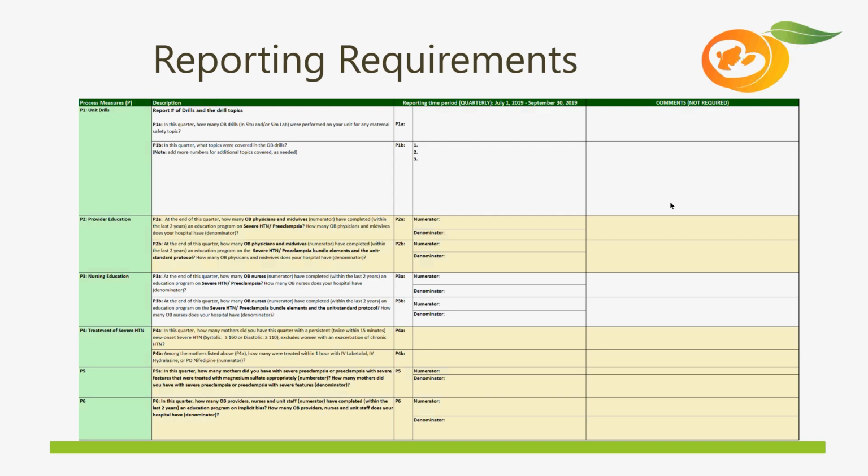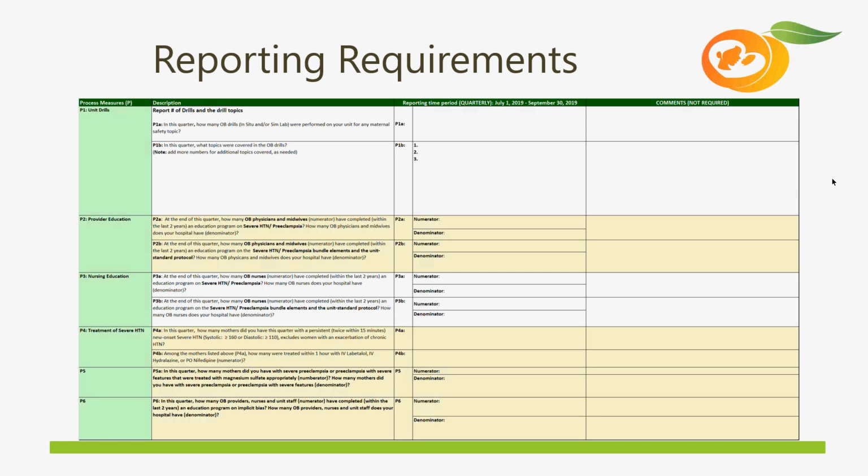For provider education, it's the number of physicians and midwives that have completed severe hypertension preeclampsia education in the last 2 years. And P2B is the number of providers, physicians and midwives, that have completed in the last 2 years an education program on severe hypertension and/or preeclampsia bundle elements, and your unit standard protocol.